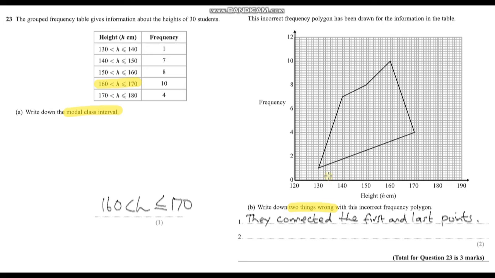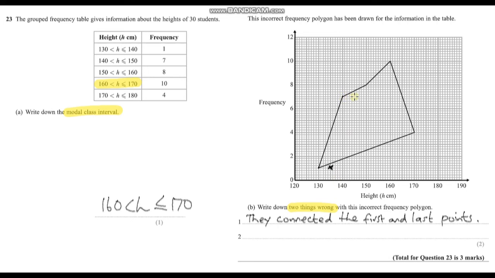Now, whenever we're plotting a frequency polygon, the points should be the midpoint of our category. Okay, so the midpoint of this category is 135, so it should be here. So this point here should be 5 units along. It should be at the midpoint. And it looks like that's the case for all of the points, actually.